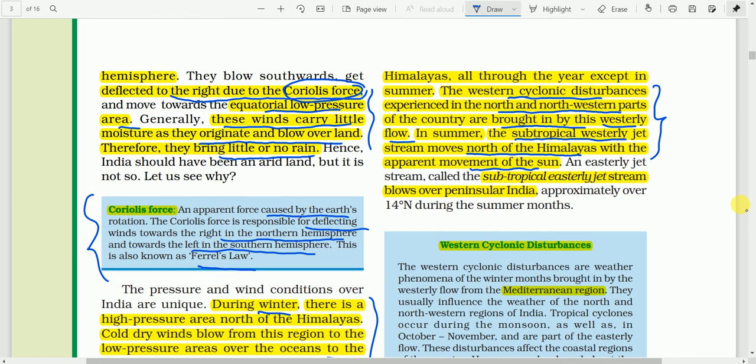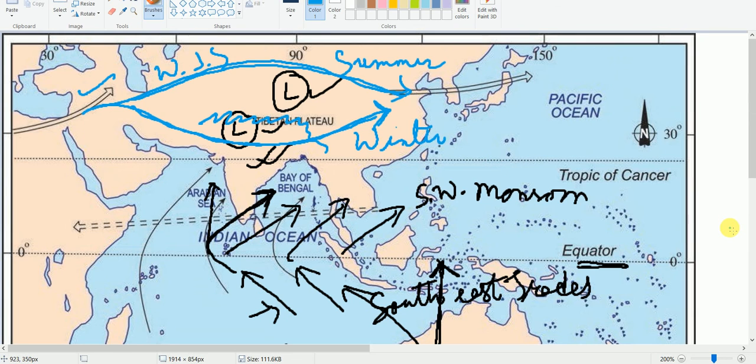And an easterly jet stream called the subtropical easterly jet stream blows over peninsular India, approximately over 14 degrees north, during the summer months. Let us see this map. Just see here, as I told you, in the summer season the westerly jet stream blows north of the Himalayan mountains, that is over the Tibetan plateau.